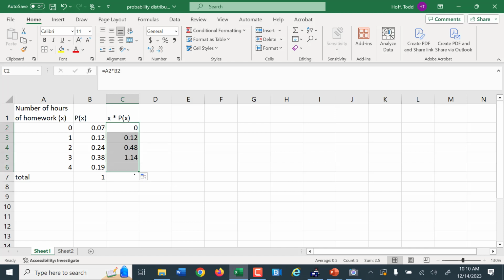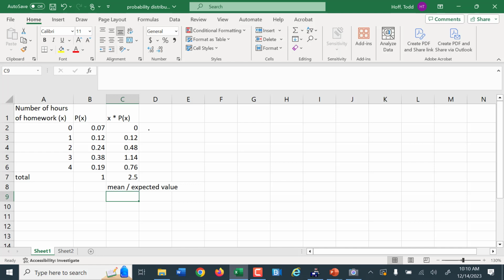Do that for each of those, and then we'll do our total. This total right here is the mean, sometimes referred to as the expected value. So what this is saying is the average number of hours of homework, the mean number of hours of homework completed by students is 2.5 hours a night.